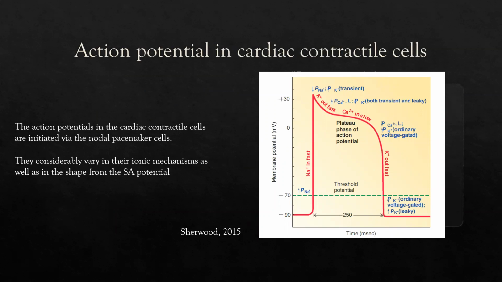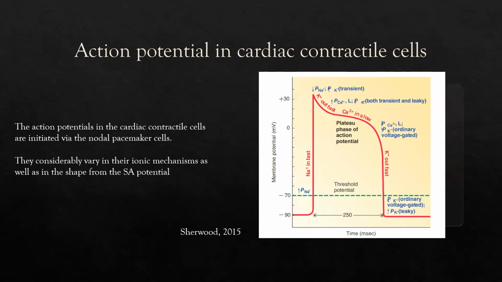Unlike the membrane of autorhythmic cells, the membrane of contractile cells remains essentially at rest, which is around -90 millivolts, until excited by electrical activity, which is then propagated from the pacemaker.